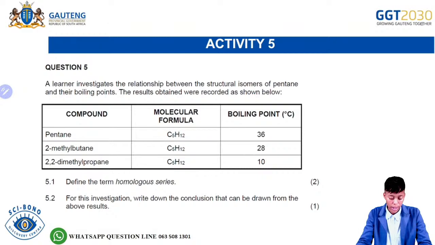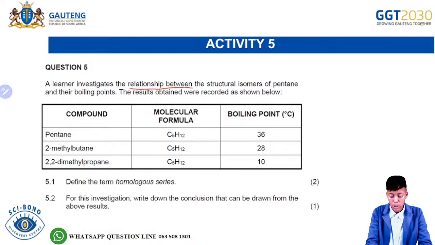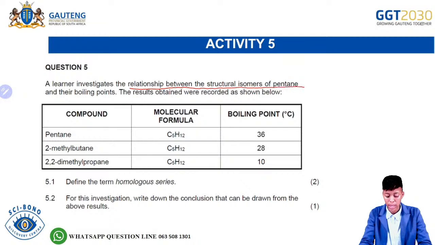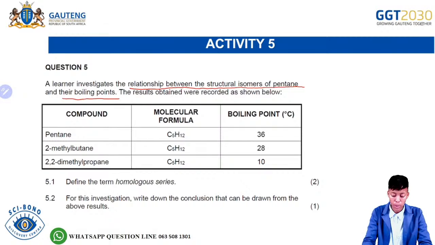Then the next one, question 5. It says a learner investigates the relationship between the structural isomers of pentane and their boiling points. The results obtained were recorded as shown below. So what do we have?